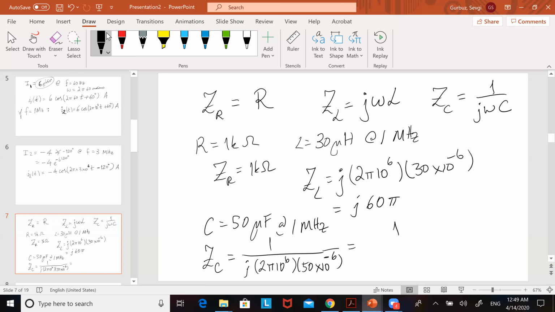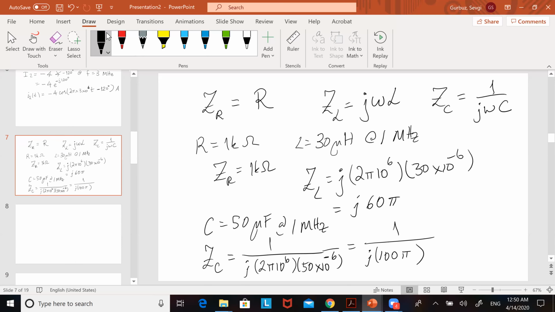And if you calculated this out, then you get 1 over j times, this is going to be 2 times 50 is 100, so you would get 100 pi. And then you could divide through if you really wanted to, but this would be your impedance for the capacitor numerically.